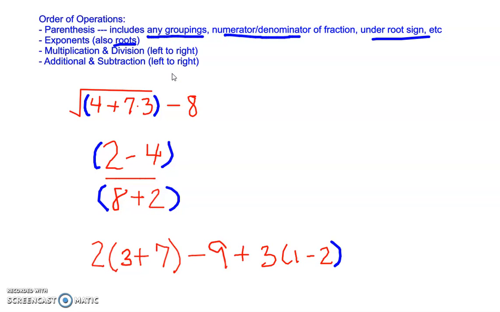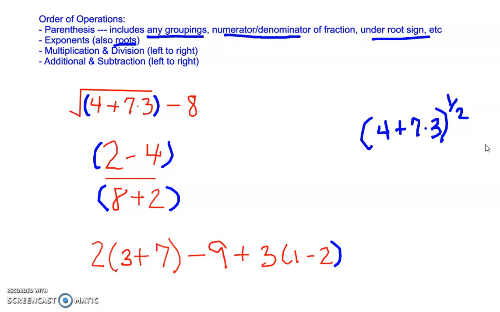And I think we get to that later this semester, but a square root is actually an exponent of 1/2. So another way of writing the square root right here would be to say that we're taking all of that to the 1/2 power. A cubed root is to the 1/3 power. So when we say that we're doing exponents next, we have to remember we're also doing square roots. They are considered exponents in the order of operations.